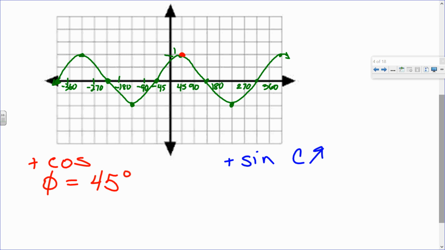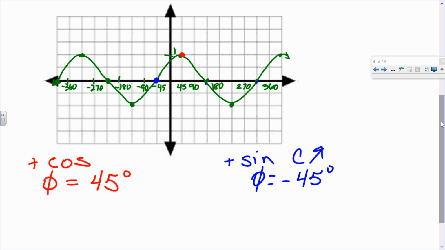It can be to the left or to the right. That one's a centerline decreasing, so I'm not going to use it. This is centerline increasing. Is that the closest to the y-axis? Callum? Negative 45 would be the closest one, so phi would be negative 45 degrees.